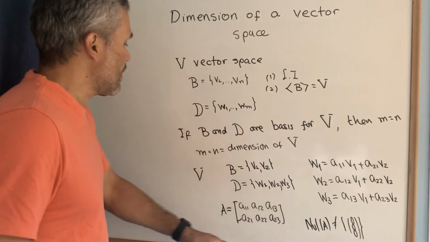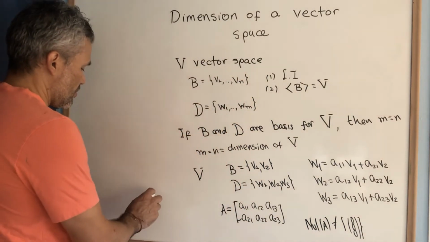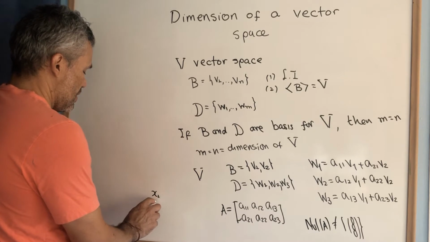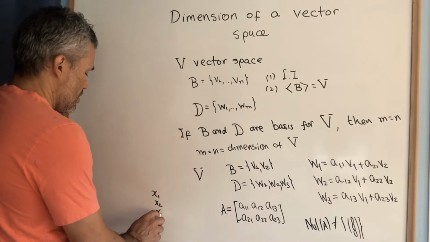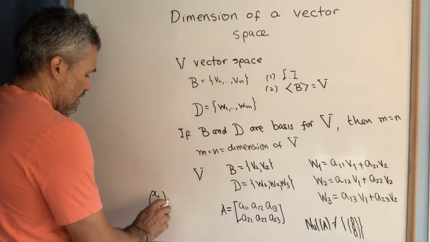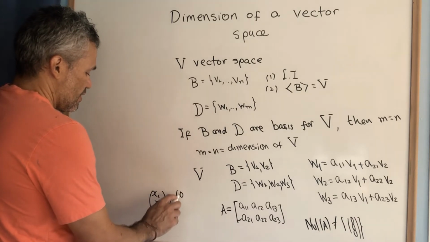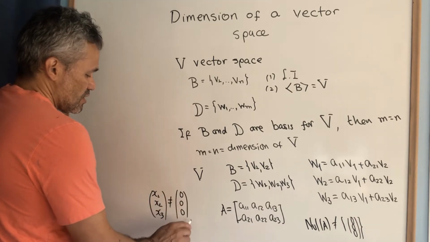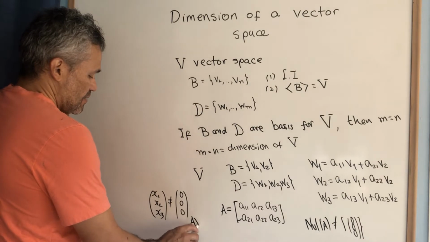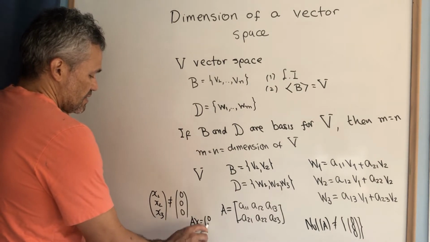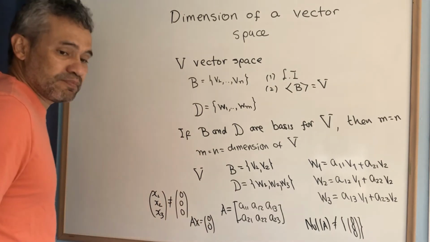That means that we can find a vector x1, x2, and x3 different from the vector 0, 0, 0, such that A times x gives us the zero vector.